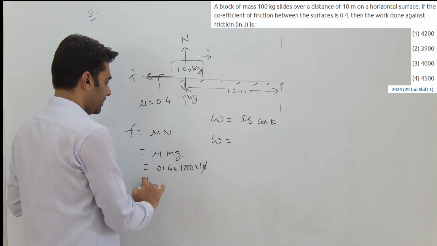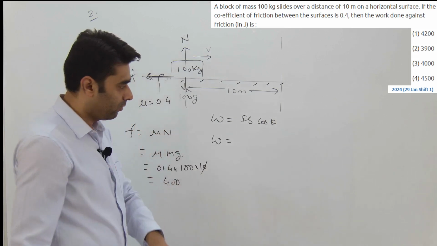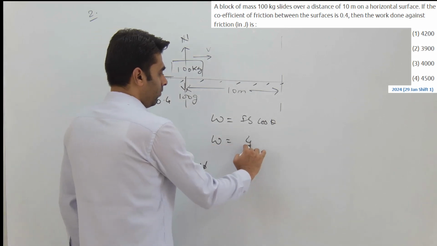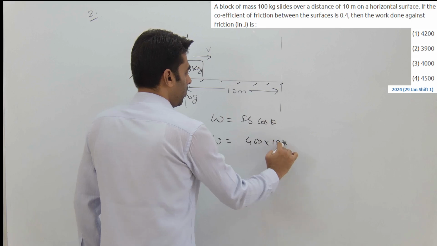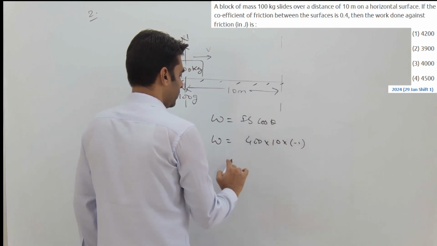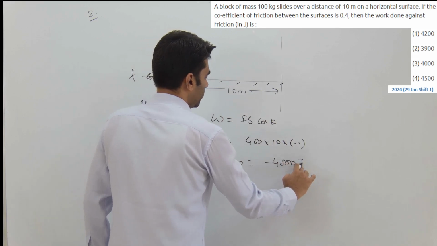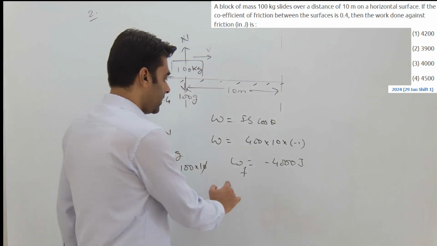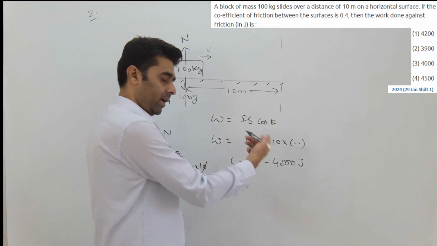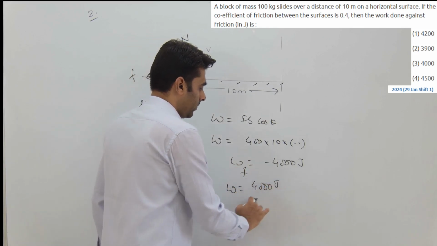The g cancels out, and we get 400. So the friction force comes out to be 400. Let us substitute: 400 into displacement 10 into cos 180, which is minus 1. So work done comes out to be minus 4000 joule. This is the work done by friction. Work done against friction will be the minus of this, which is 4000 joule.